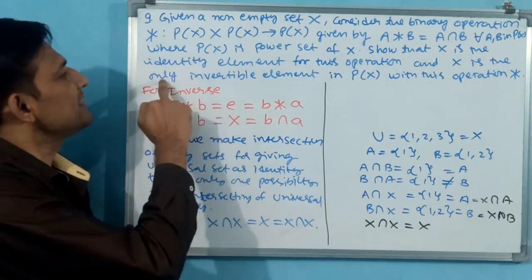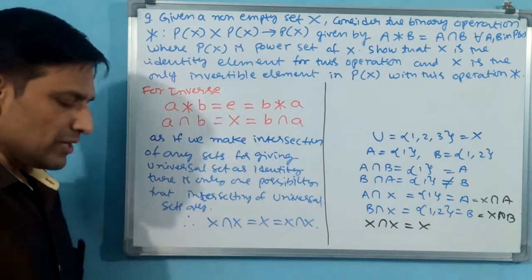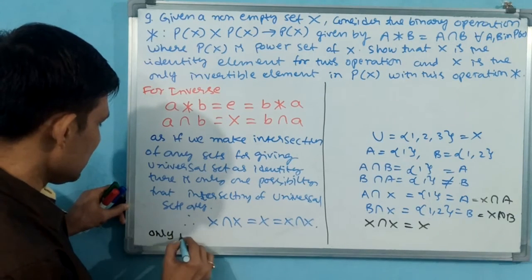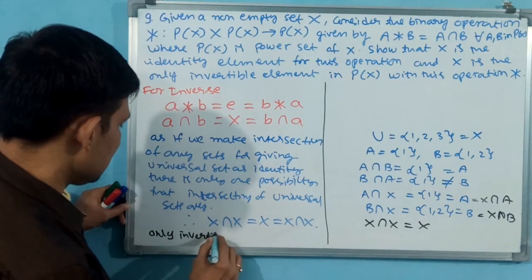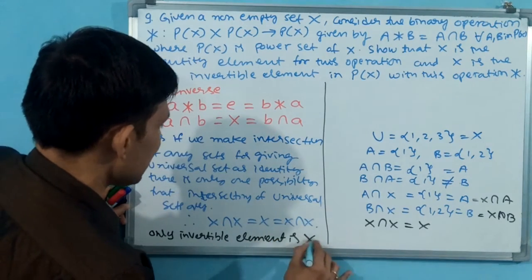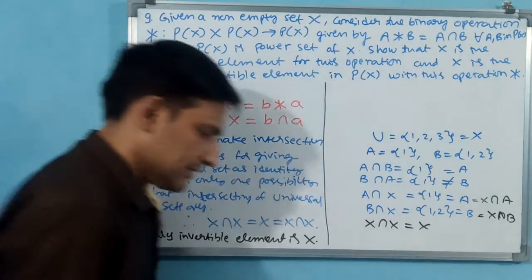That is the thing he has written. Only invertible element. That means you write finally: only invertible element is X. Close this answer.